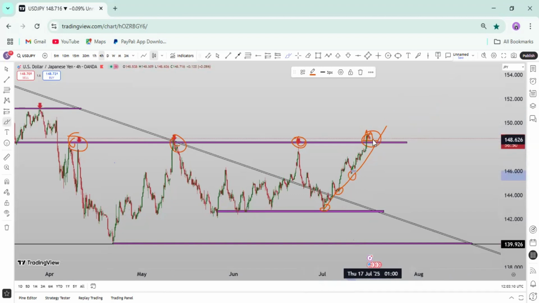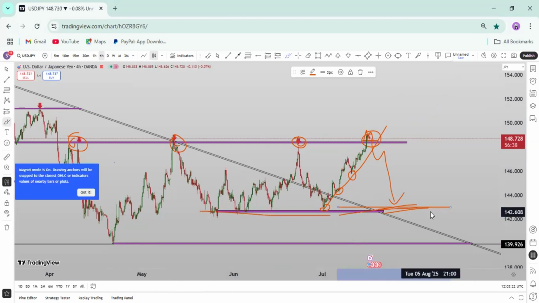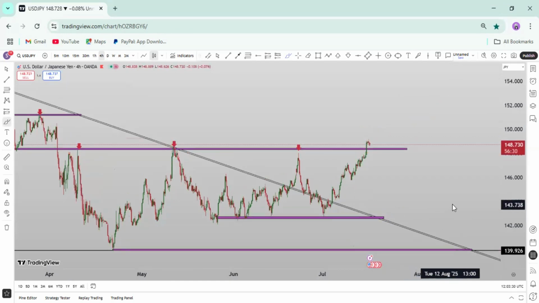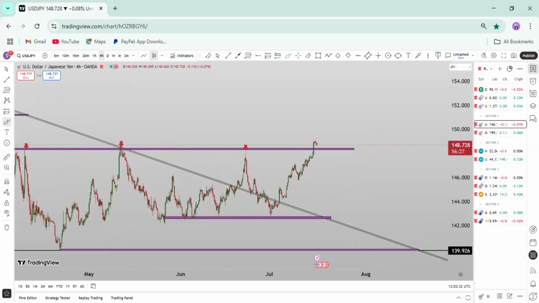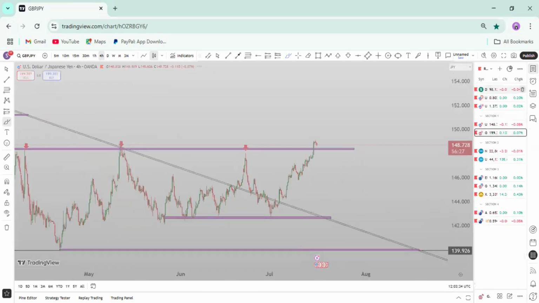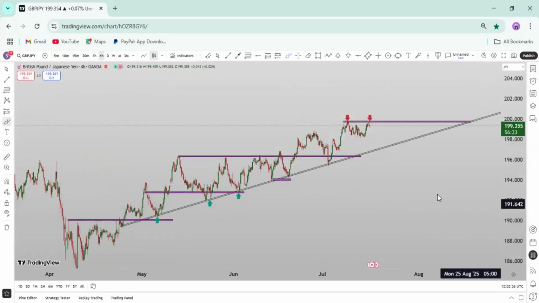Then if the market breaks this trend line and retests, I will take this market to the support that we currently have at the bottom here. So that's the same thing that I'm waiting to see on USD JPY.